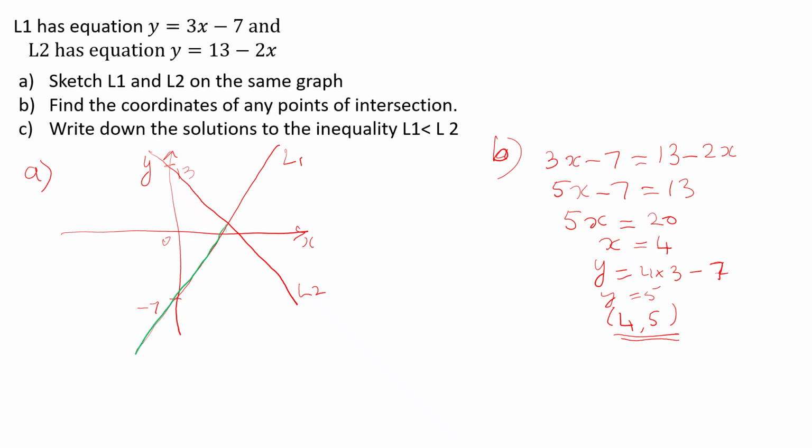The coordinates of the intersection point is 4, 5. So we need this part, L1 less than L2. So the inequality, for part C, x equal to 4, so x less than 4.